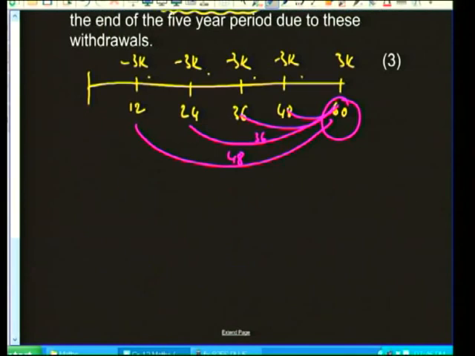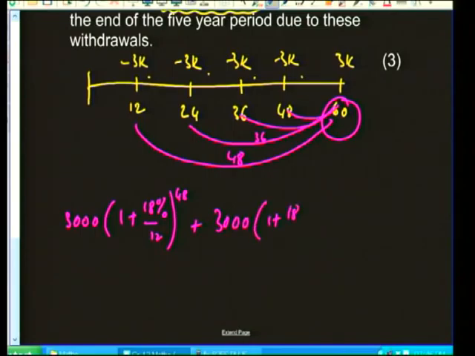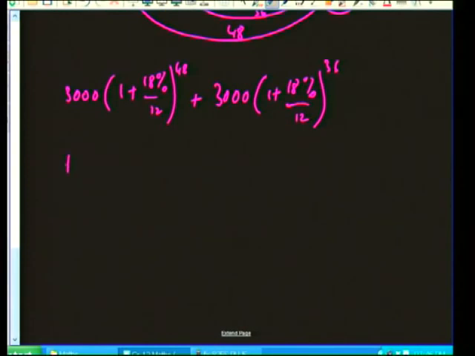So let's work out our calculation. So we got 3,000, and our first bit is going to miss out on 48 months. And our second one is going to miss out on 36 months of interest. And our third one is going to miss out on 24 months of interest.